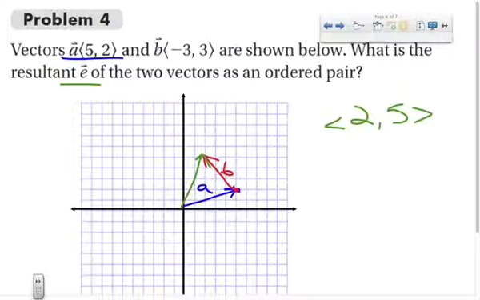You see it now? Just adding the vectors, literally. Just add the x coordinates, add the y coordinates, boom, done. Okay? Oh, look at that. We'll get through the whole thing yet. Yay.